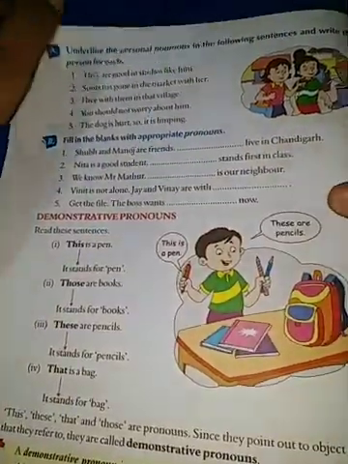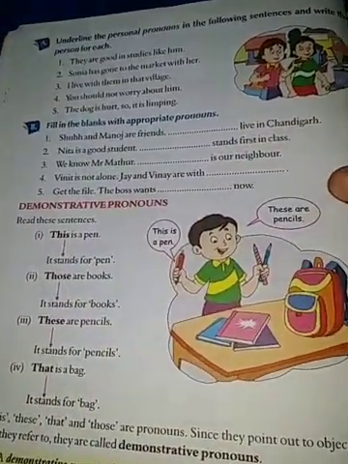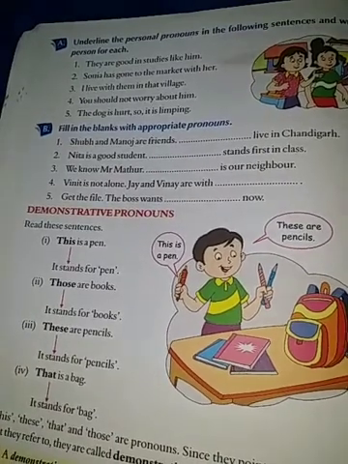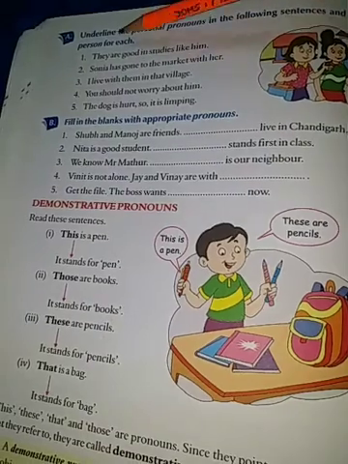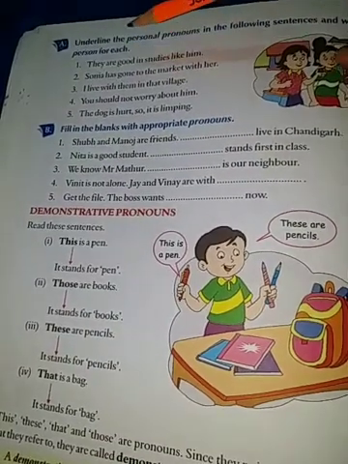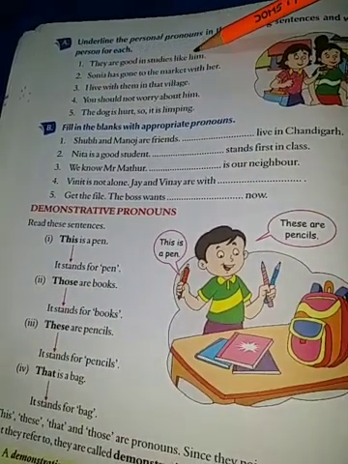Now move to the exercise which is given here. Underline the personal pronoun in the following sentence and write the person for each. They are good in studies like him.